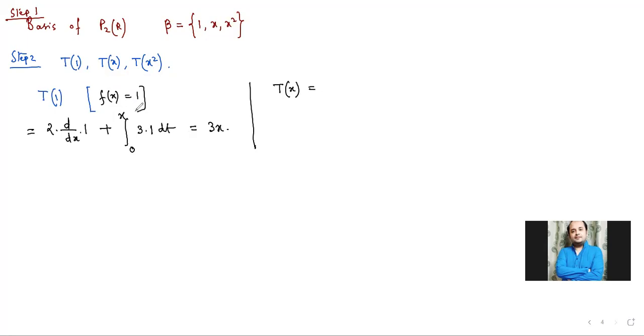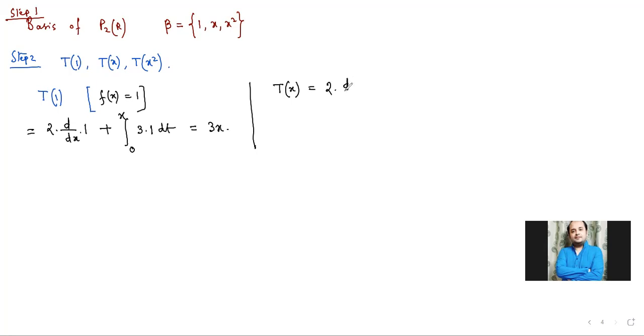The upper limit is variable, because the image of this member has to be a polynomial also. It is a first degree polynomial, so it will definitely belong to P3R, because P3R is the set of polynomials having degree less than or equal to 3.